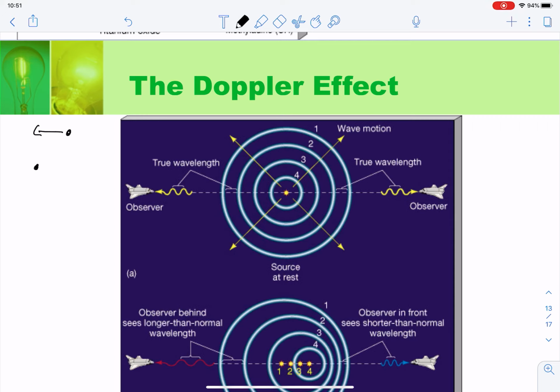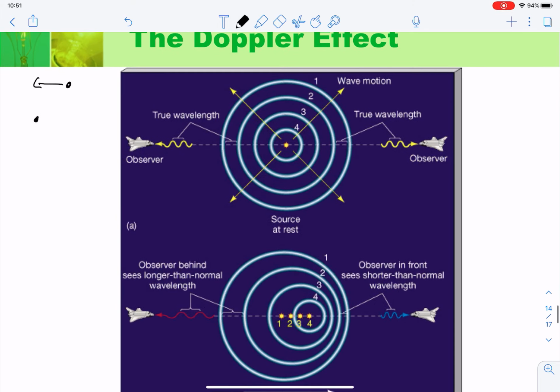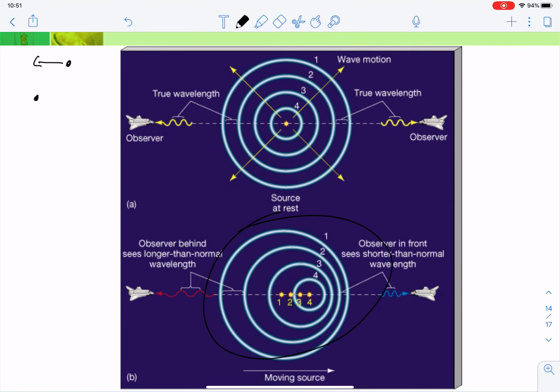So as things move towards you, if we look at this here at the bottom, the wavelengths, it's high pitched, and then as soon as it passes you, it decreases and gets low pitched. You think about that NASCAR driving past, goes meow, starts high as it's getting close to you, and as soon as it passes you, it starts to decrease again.